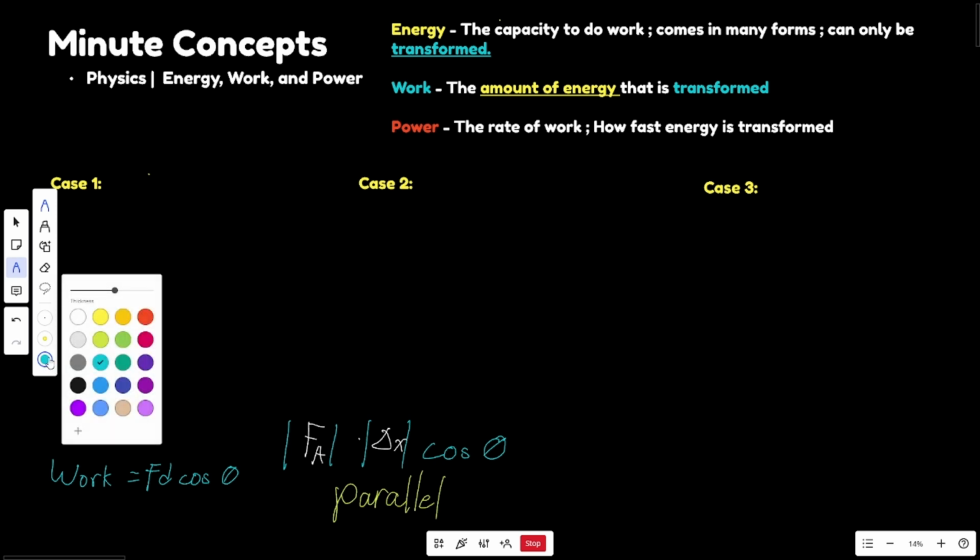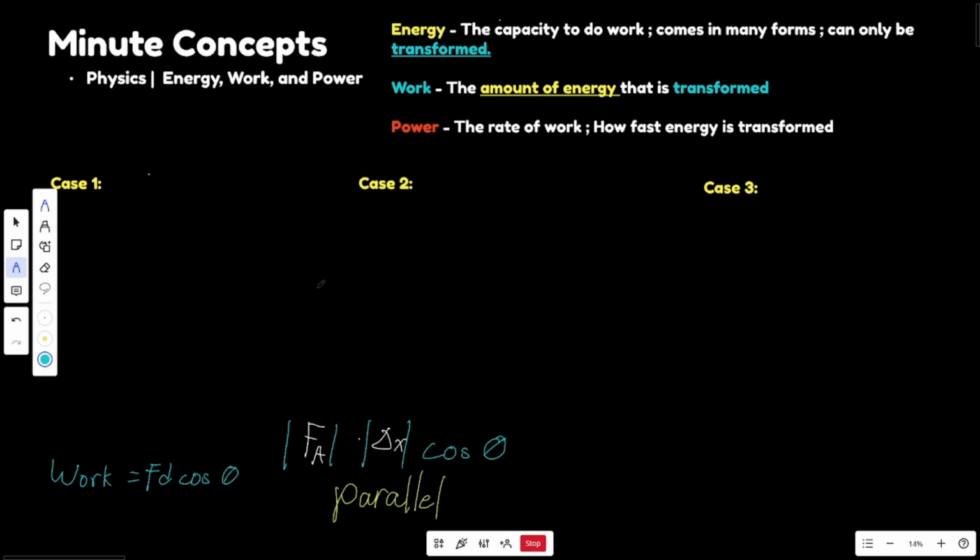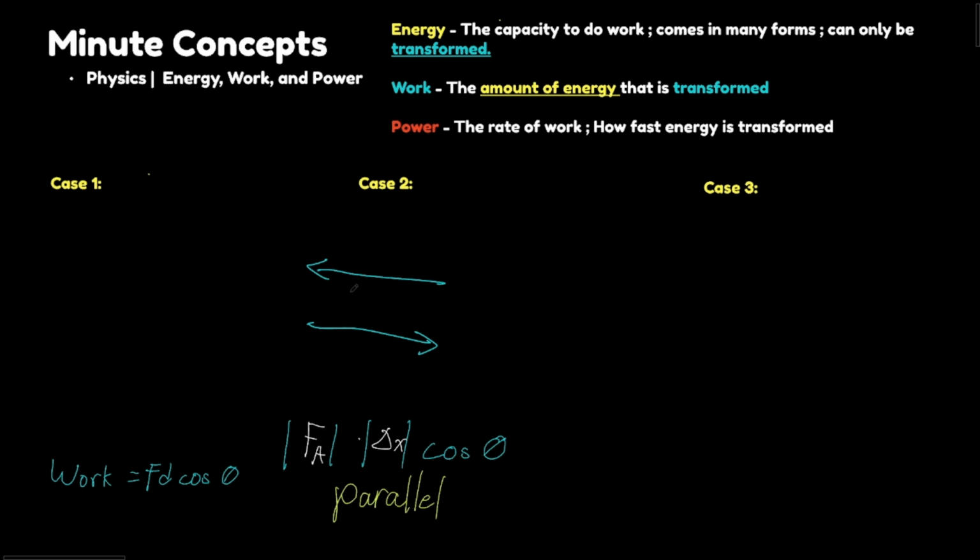When we say parallel, it can be going two different ways. So for example, these lines are parallel, just pretend, and these lines are also parallel. What's the difference? One of them is opposing while the other one is going in the same direction as the other arrow. And the same logic applies for work.